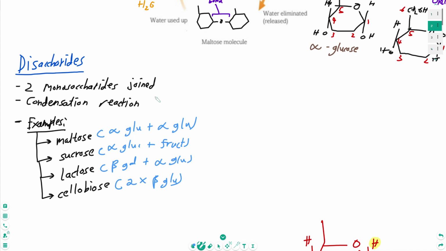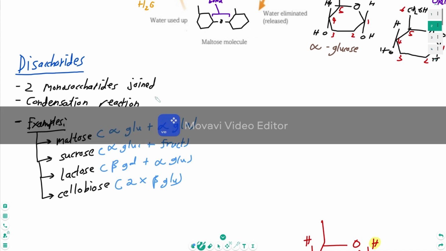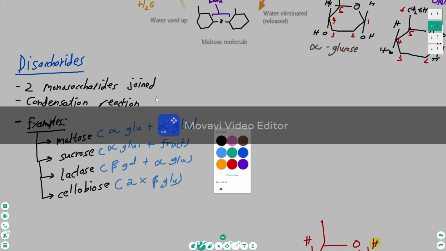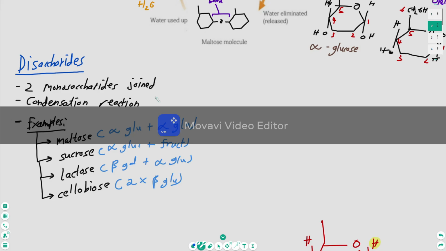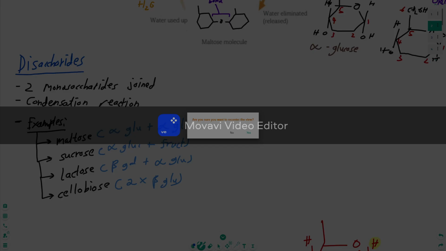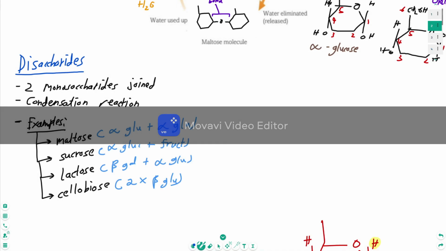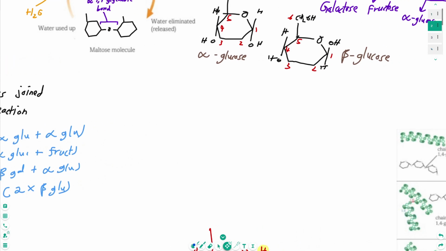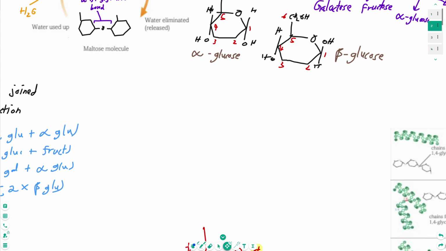So now we're going to move on to polysaccharides. Well, there is actually one other type of carbohydrate that you need to know about, but it's not in the A level. But you will learn about it when you come to university, and that is called oligosaccharides. I'll explain a bit about it now.